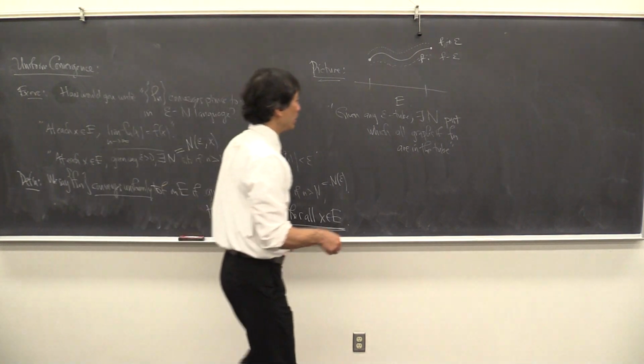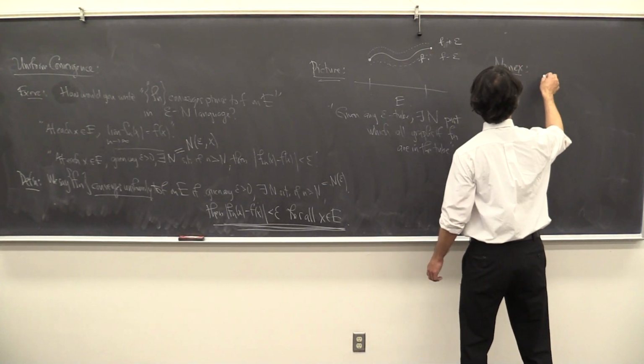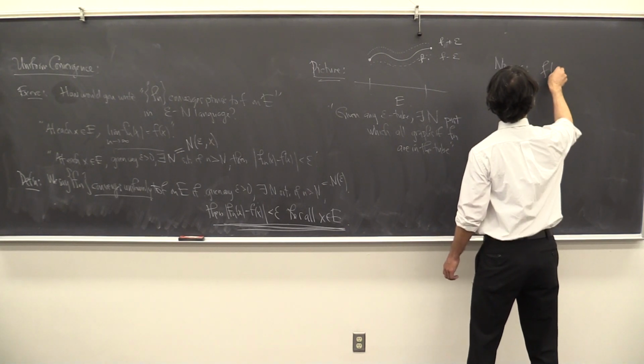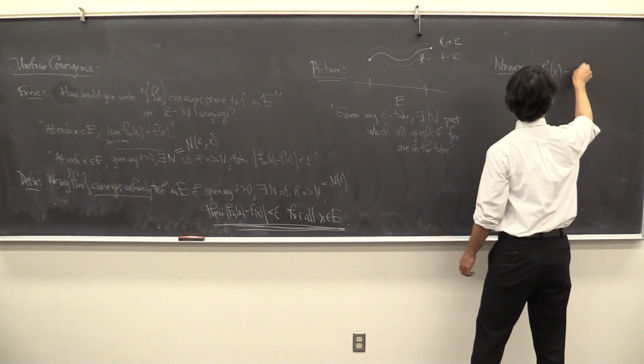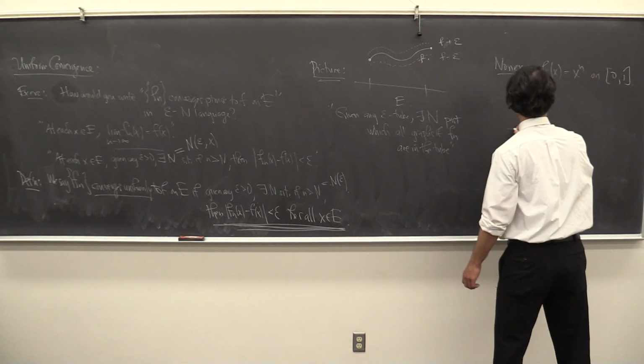Okay. So for example, here's a non-example of uniform convergence. These guys that we looked at earlier, x to the n on (0, 1).